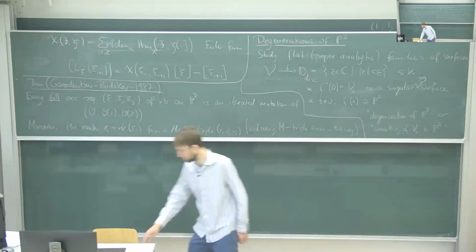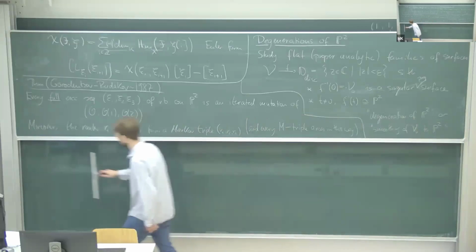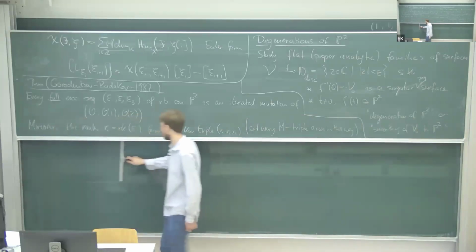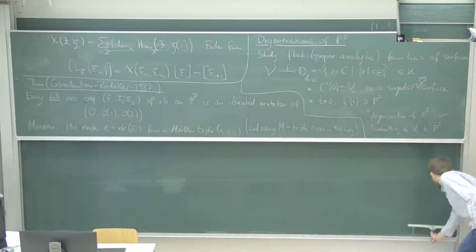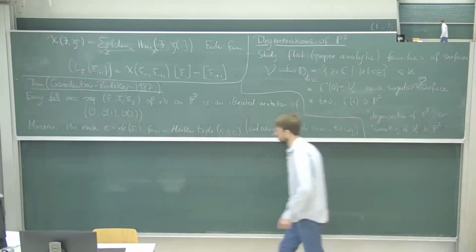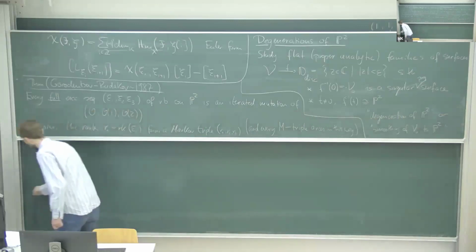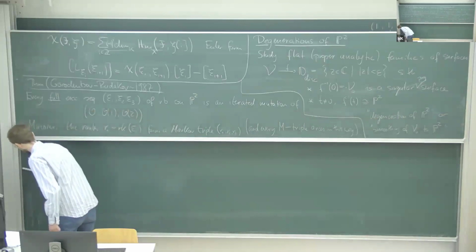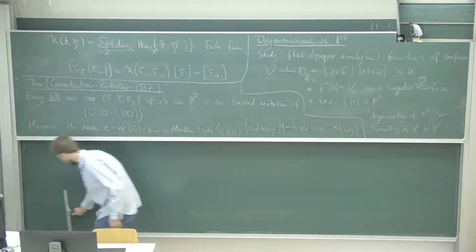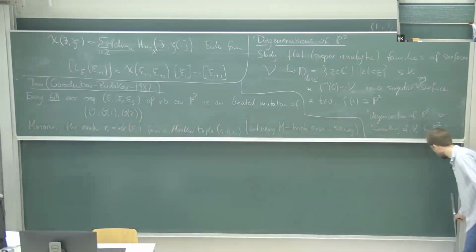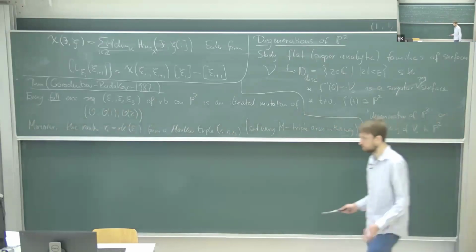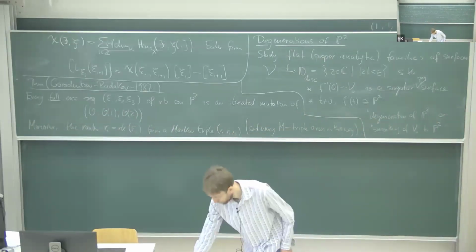In other words, something which is reducible and has two P1s that cross in a point. So that is then singular. And now we look at the same question in dimension 2.